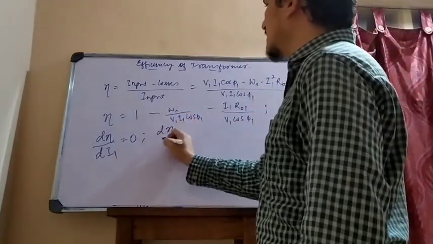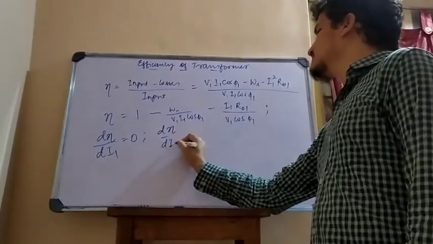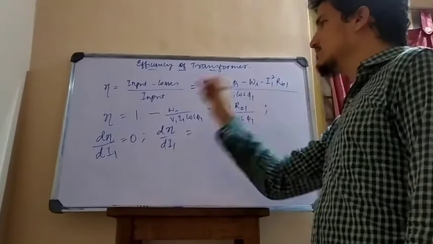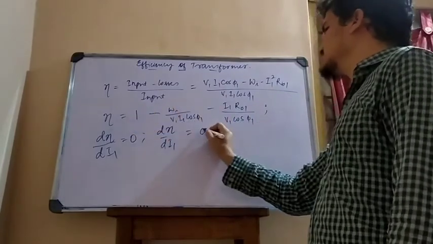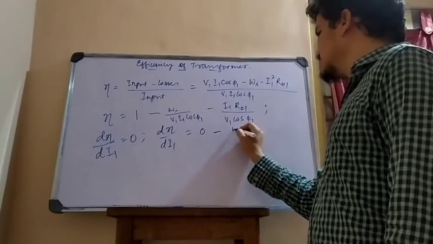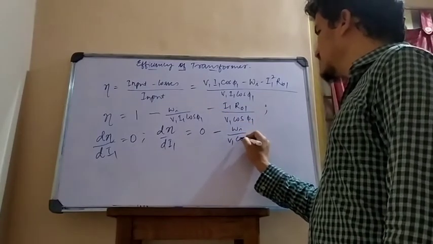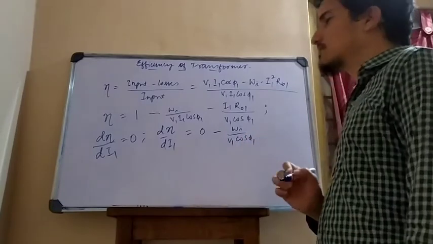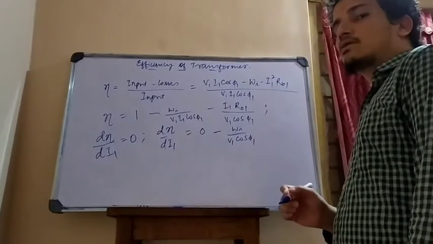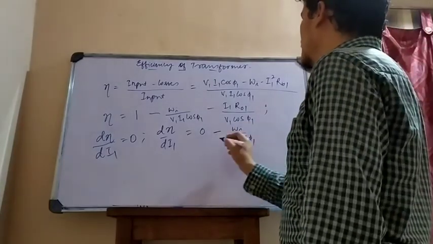Now d eta divided by dI1 must be equal to, differentiation of a constant is 0, then Wi is constant, V1 cos phi 1 is constant, and 1 by I1. What is the differentiation of 1 by I1? Minus 1 by I1 square.